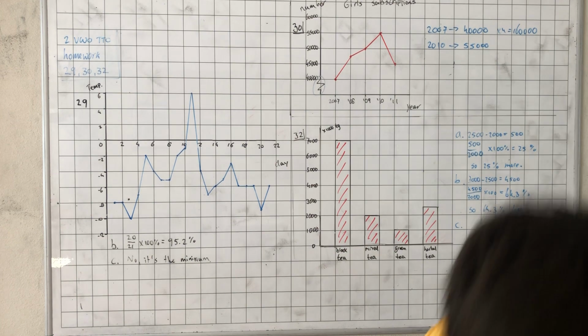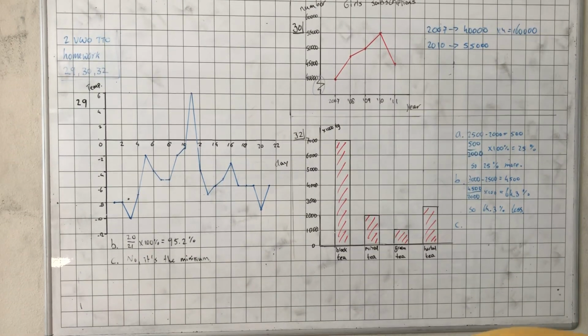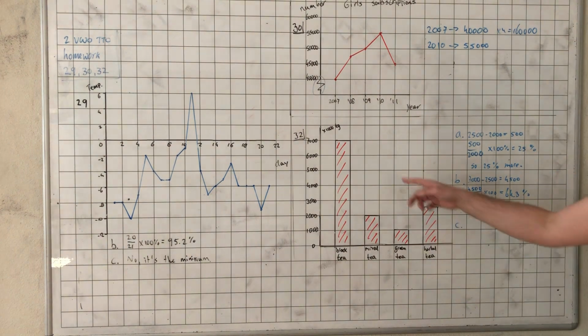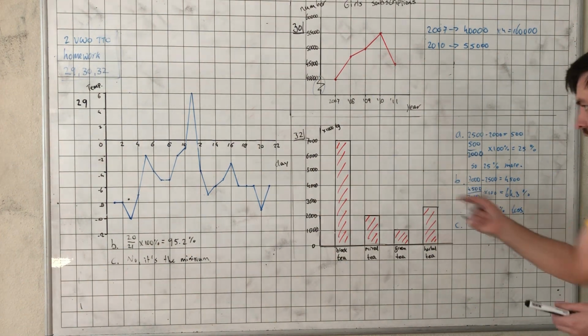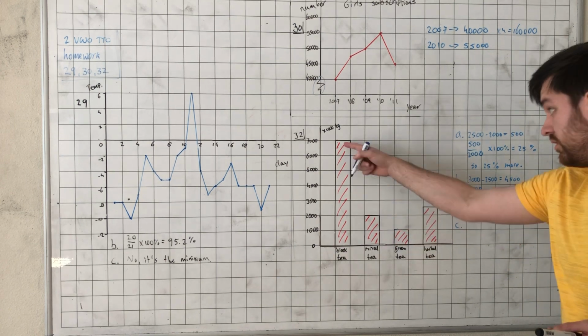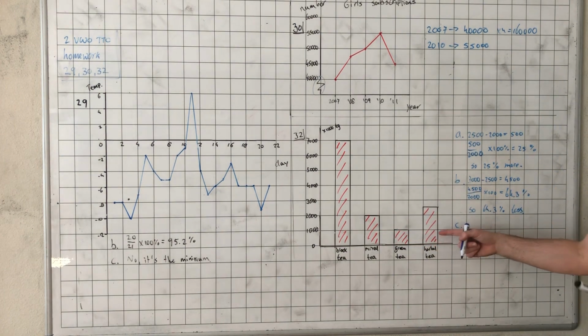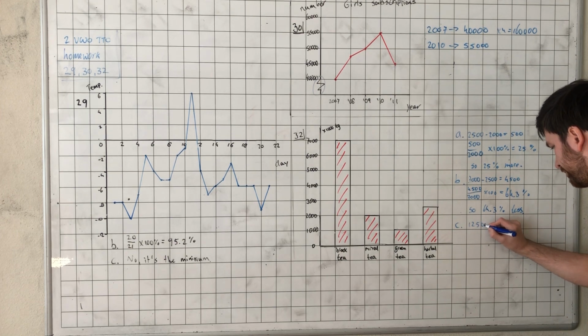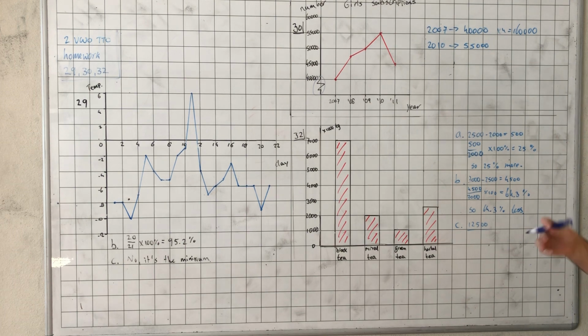C, we're nearly there. What percentage of the total tea consumption was black tea? So then we have to add up all of these things. So 7,000 plus 2,000 plus 1,000. This is 10,000 in total, plus 2,500. So in total we have this many times 1,000 kilograms of tea.